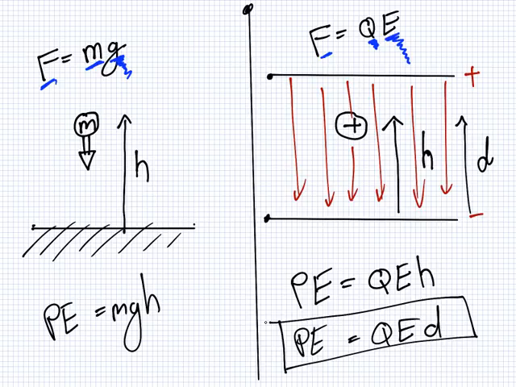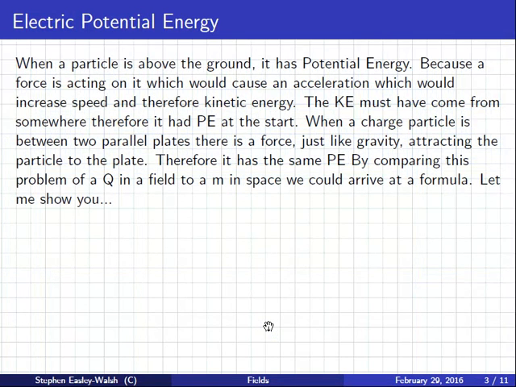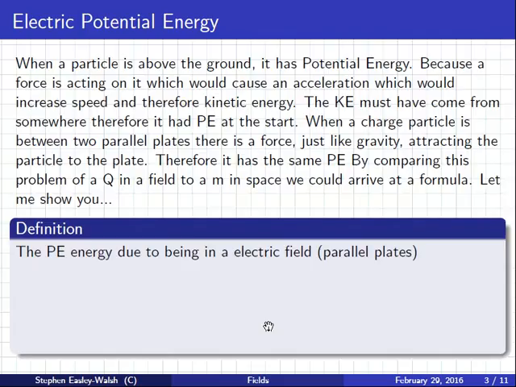Got that? Yeah. Okay, so the formula is: the potential energy due to an electric field is given by PE equals QEH. I apologize, I keep switching between small q and big Q, and I say this every year in every video.